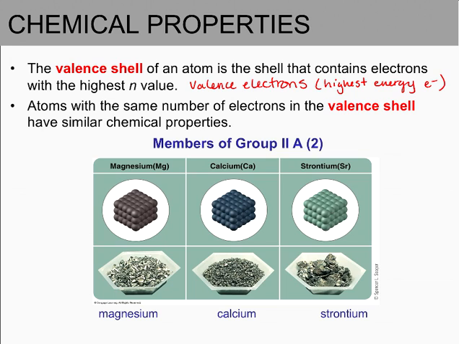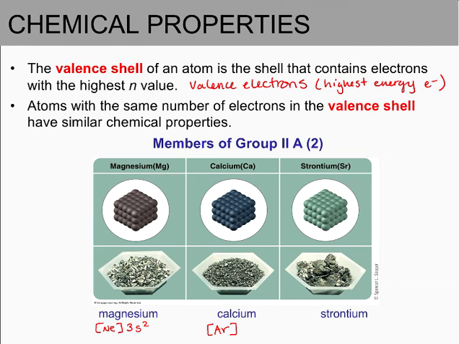So for magnesium, we previously said that the noble gas that comes right before magnesium is neon. So we can put neon in brackets. And then there are two more electrons that magnesium has, which are located in the 3s orbital. So its noble gas configuration is neon 3s2. And then calcium, the noble gas that comes right before it is argon.